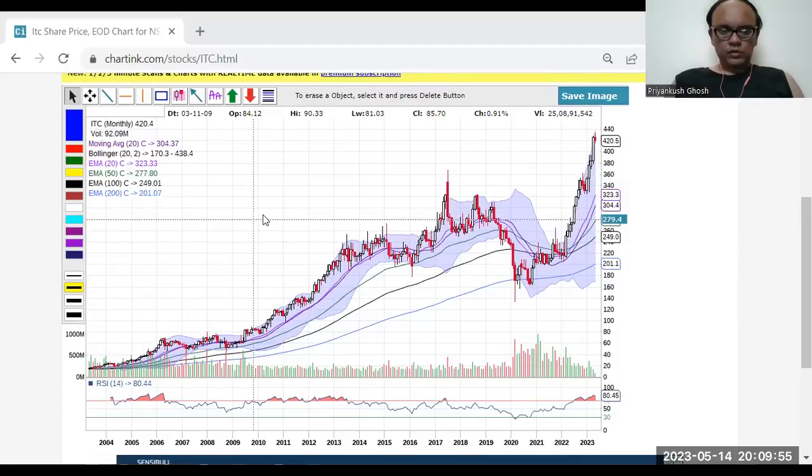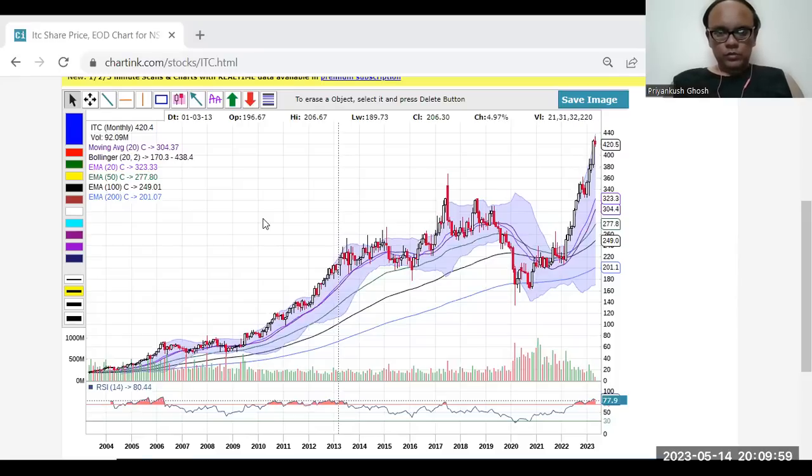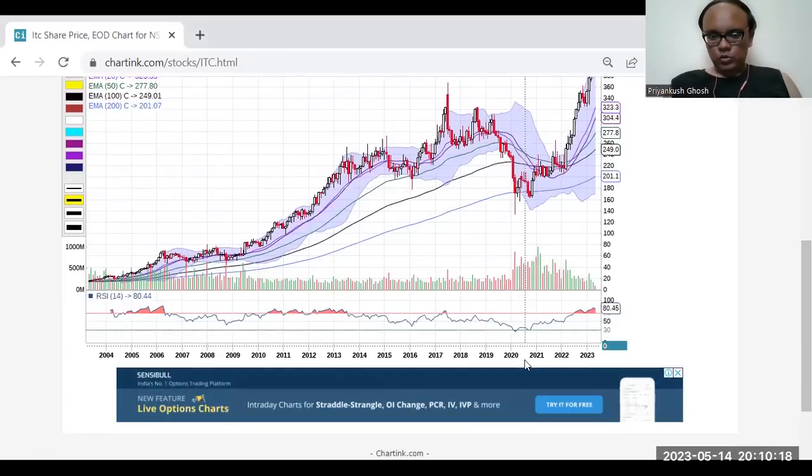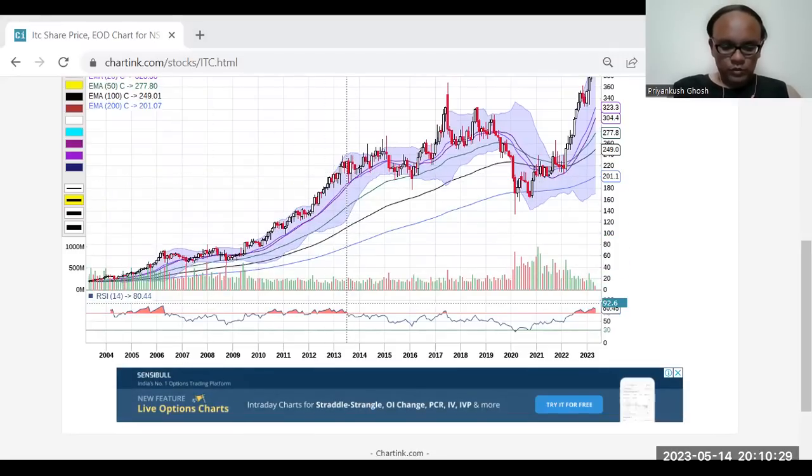What I'm trying to say over here is, in your ITC, from 2014 to 2022 there was this sideways trend, and before that, from 2006-7 to 2014, it was in an uptrend. So the blue zone is basically from 2007 to 2014, then yellow or sideways from 2014 to 2022, then 2022 to 2023 again.